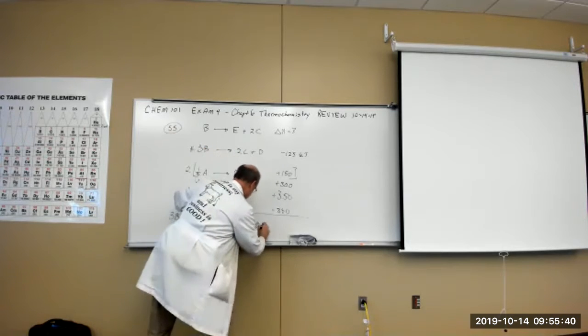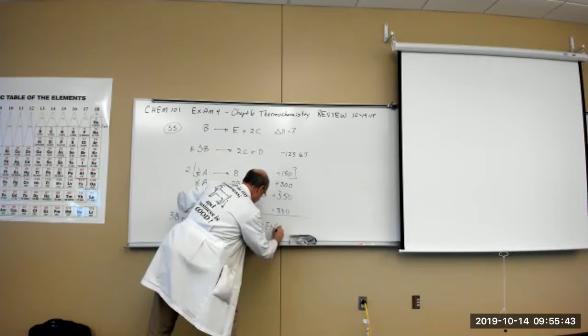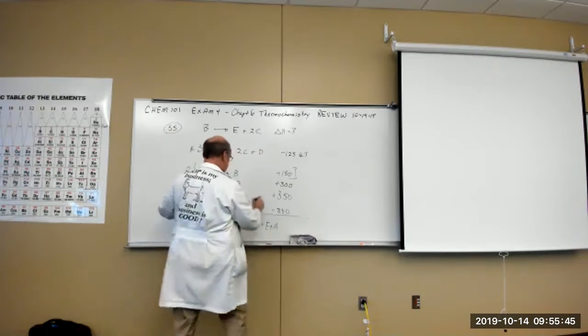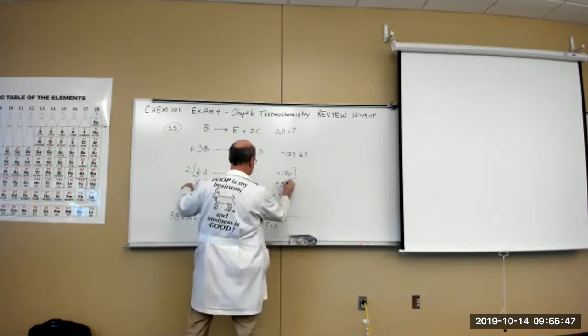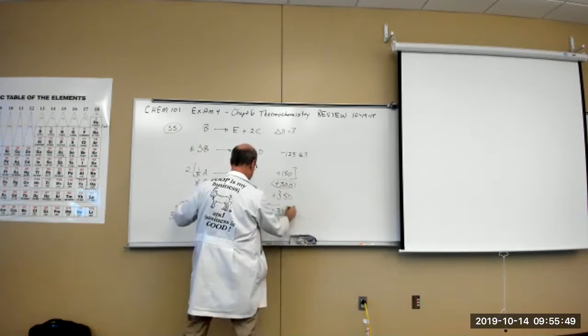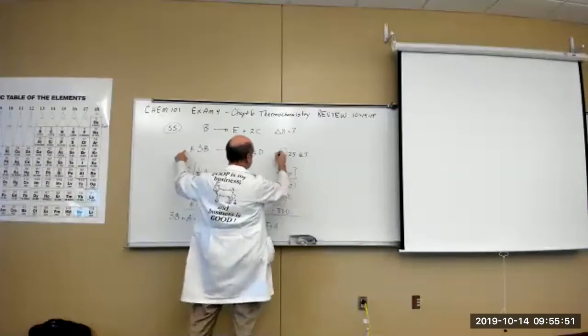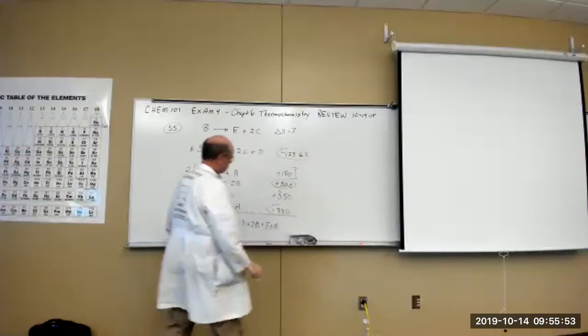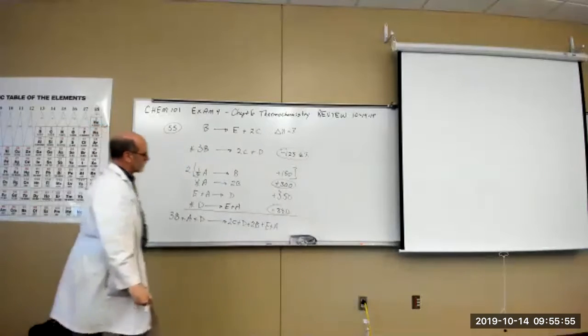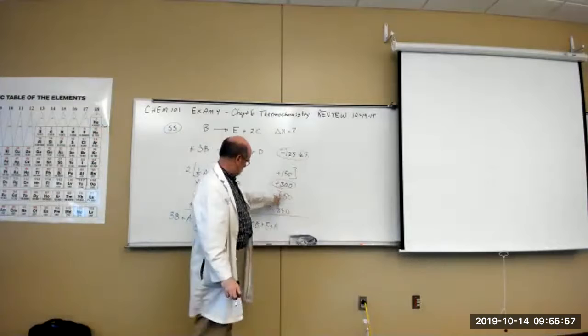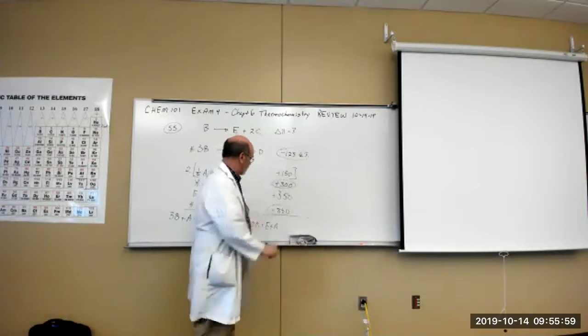And there's an E and an A. And then if we add this one, and this one, what do we get? This one's going to be a negative 50 minus 175.